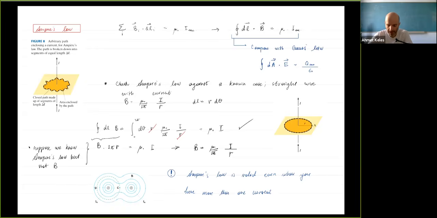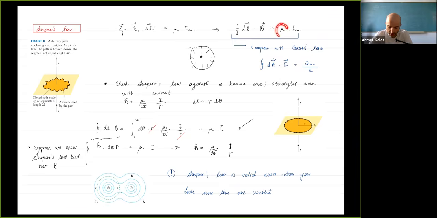If you remember, Gauss's law was something like that, but not quite. Gauss's law was saying that the flux out of a region, if you have a charge Q and some surface area, this area integral, or volume integral depending on how you look at it, is equal to the enclosed charge divided by epsilon 0.